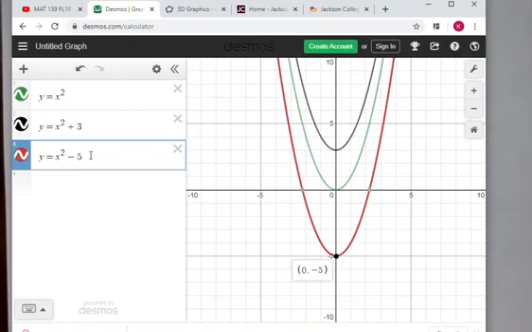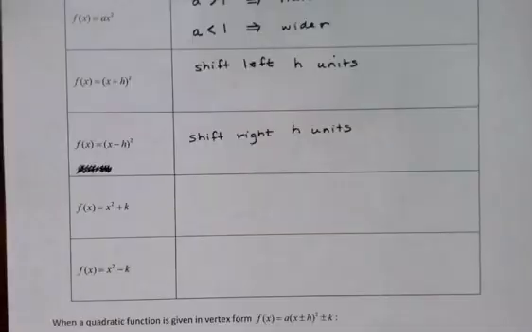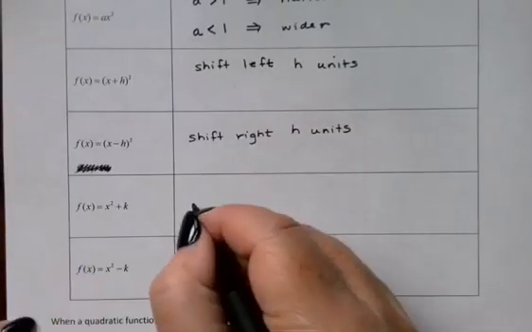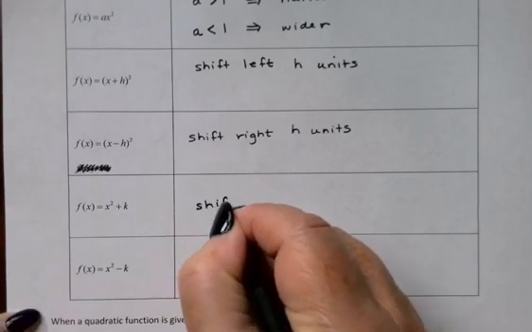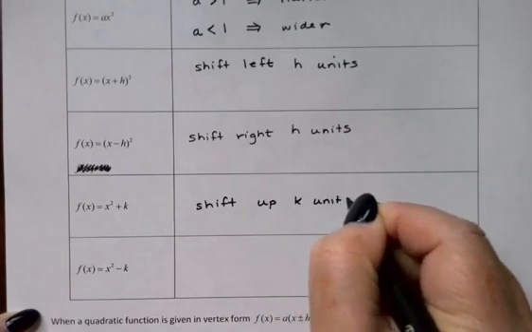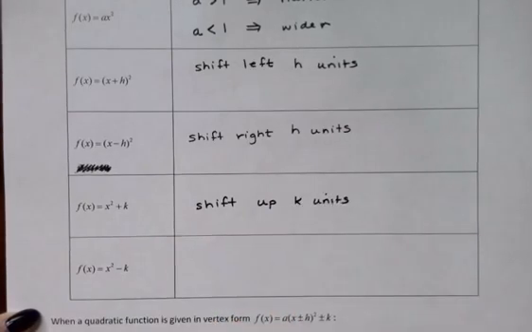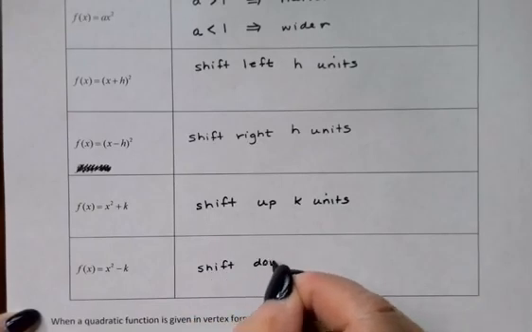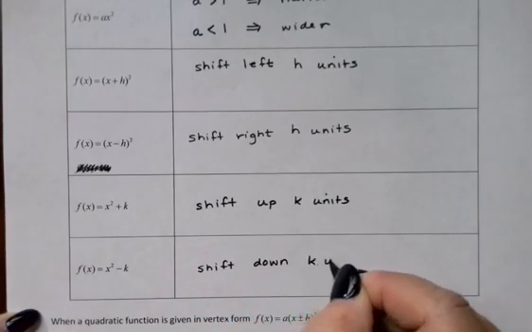When I subtracted, it went down. F of x equals x squared plus k. We're shifting up k units. And x squared minus k, we're shifting down k units.